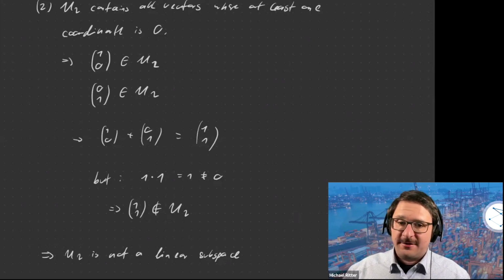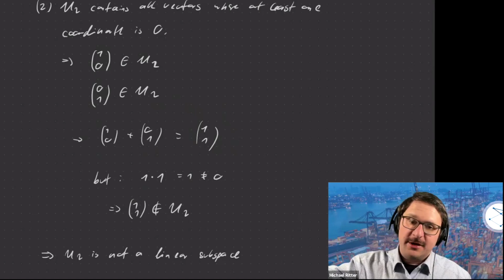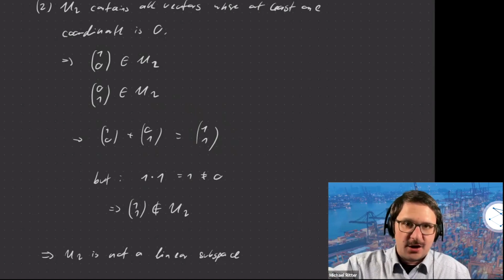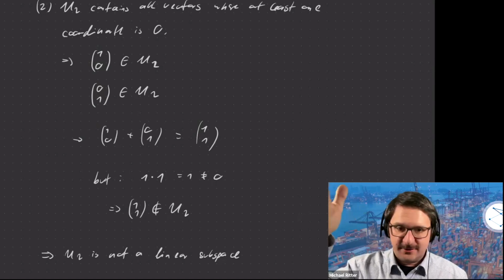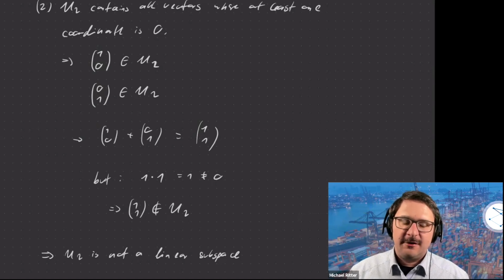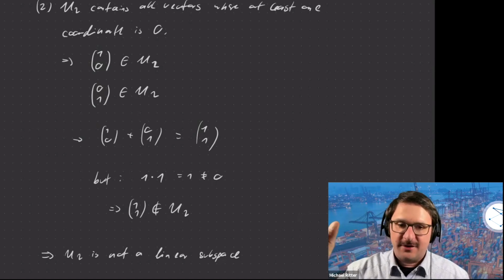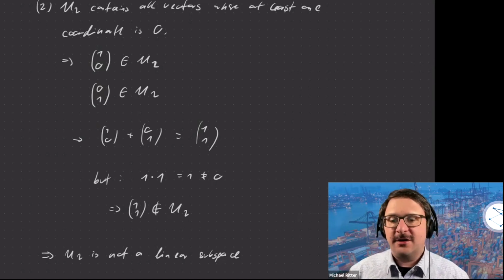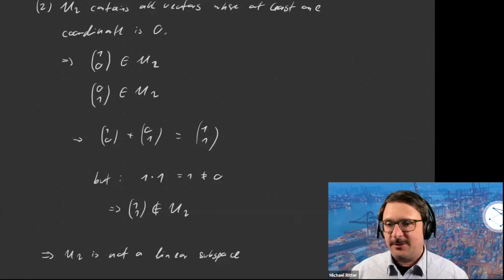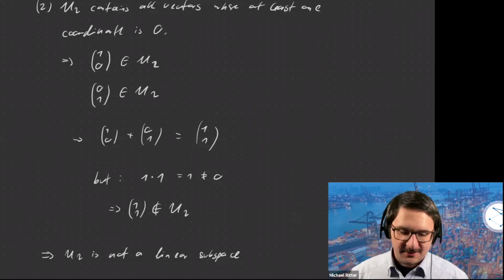So if I have a set that contains other points, but not the 0 vector, then by showing that it does not contain the 0 vector, I'm already done. I already know it can't be a linear subspace, regardless of the rest. If I prove it contains some other point, then I will still have to look at the other properties. I have not excluded that 0 might be contained. And that's the reason why I'm usually looking at 0, but any other point will work too for that property.